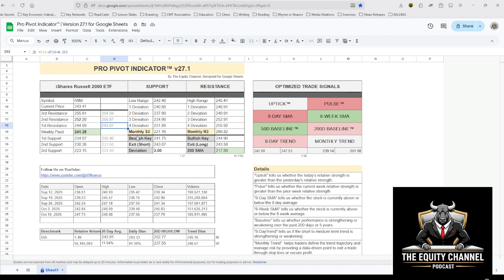Now, on the other hand, you have another risk management system right here, and this risk management system can be used for any trade. So even if I took the trade from wherever, these exit shorts and longs can be used for anything.